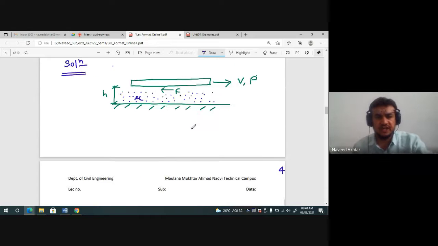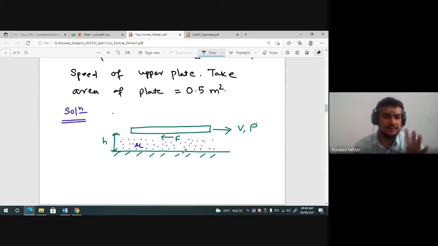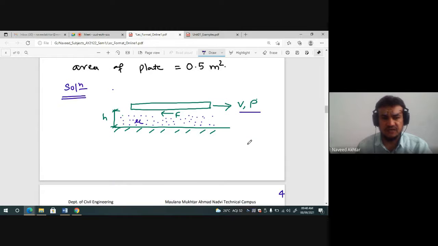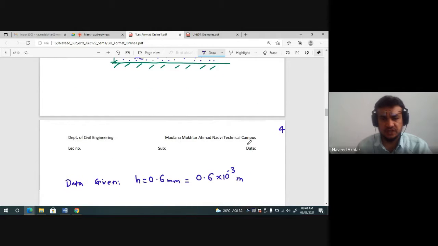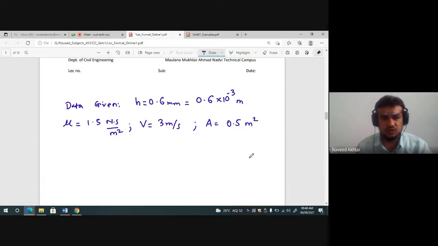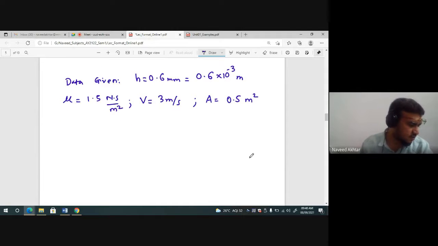First you have to draw this figure so that you understand the problem. The velocity V and P, that is power, are the driving force of the plate. F is the opposite force trying to resist due to the viscosity of the oil.